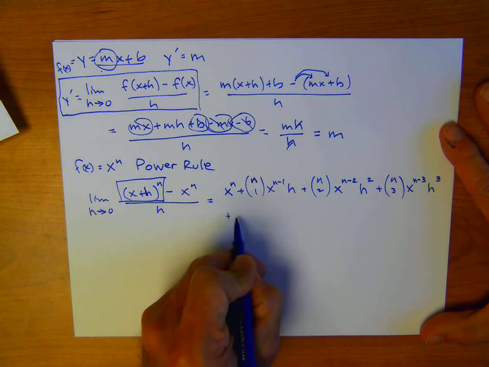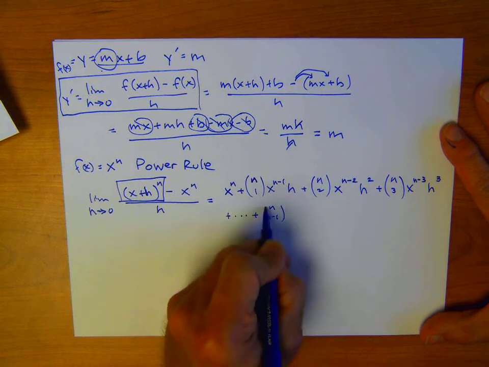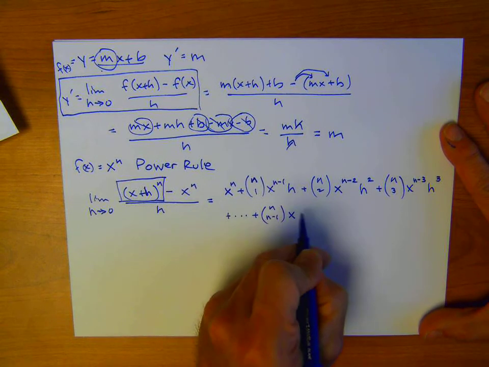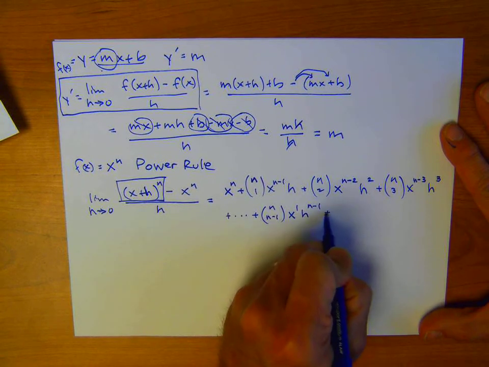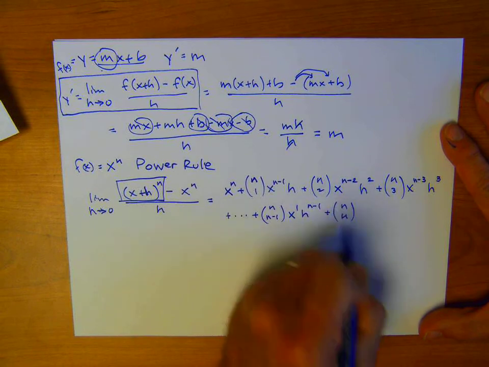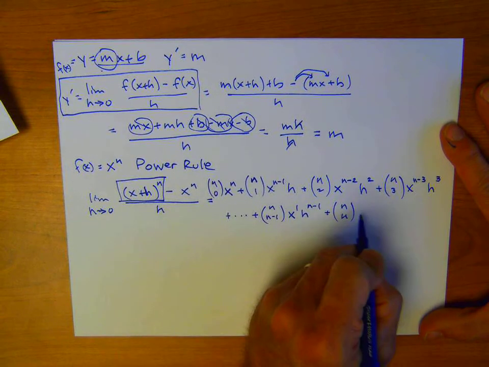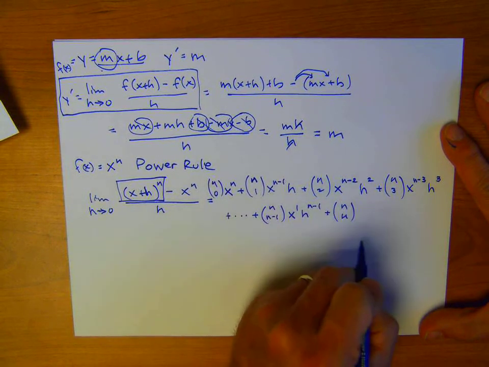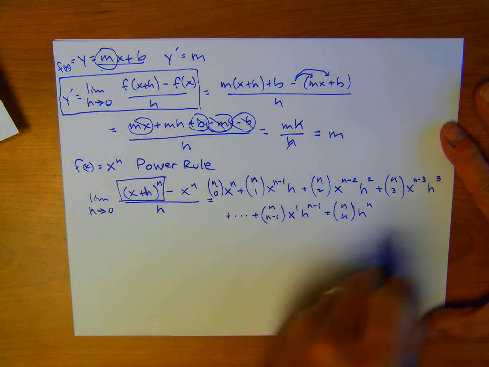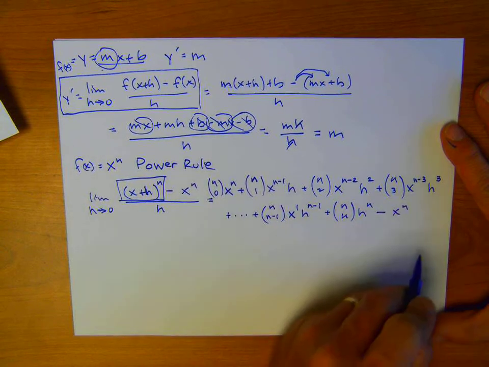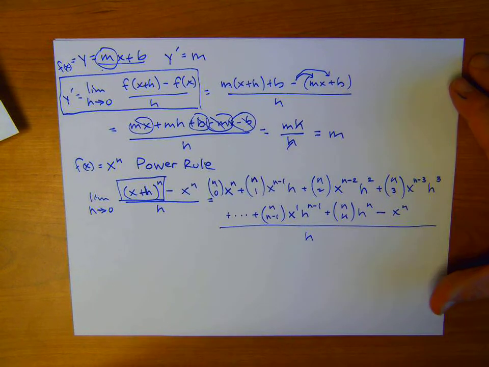And we can kind of keep going here, and then we get toward the end, and we have n choose n minus 1, and now it's x to the first power, h to the n minus 1 power, and then finally n choose n, which we could also think of as n choose 0, which is just 1, and this is also 1, and then this is just h to the n. So that's that whole thing expanded, and then I have this minus x to the n, that's all in the numerator, over h.